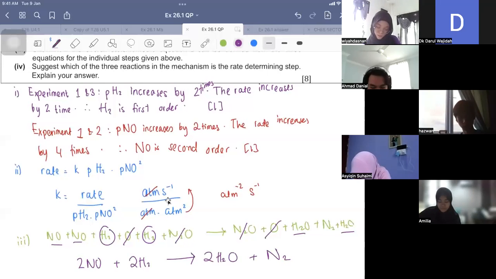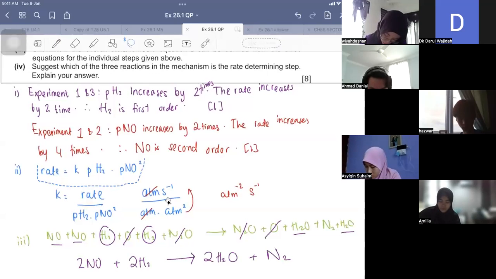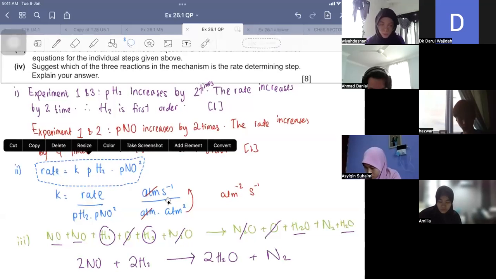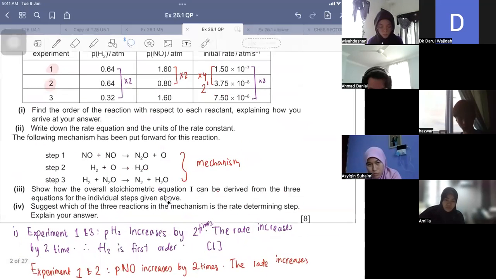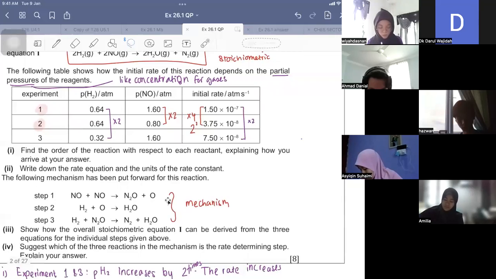Last question would be: suggest which one of the 3 steps is your slow rate determining step. To know our rate determining step, we need the rate equation. I'll just put it here.